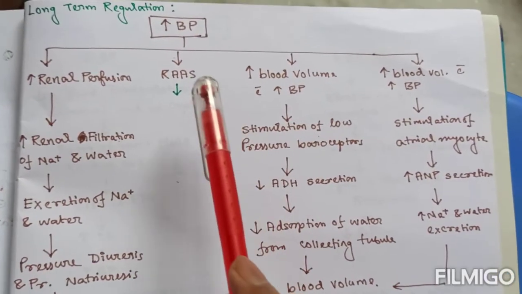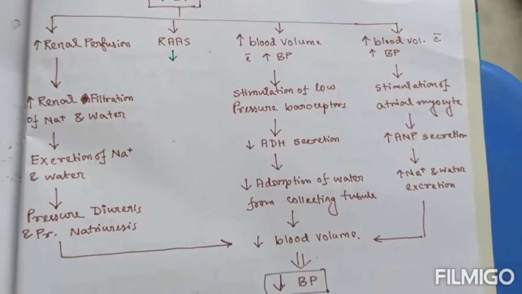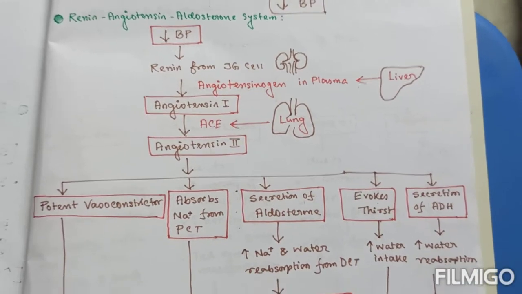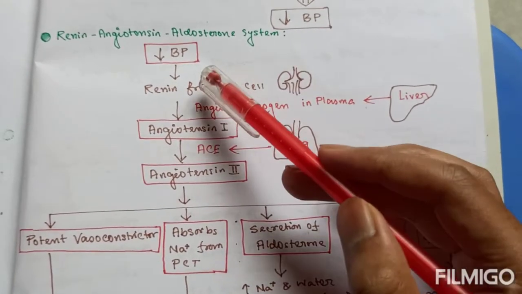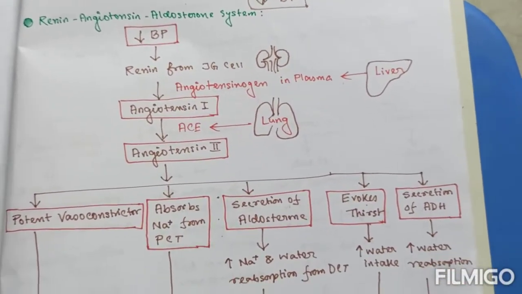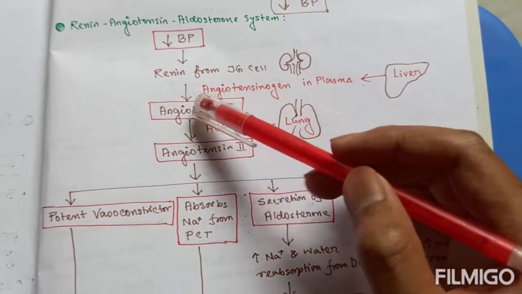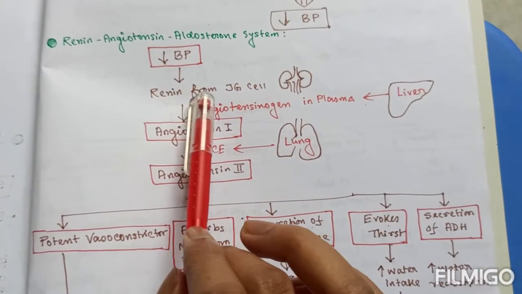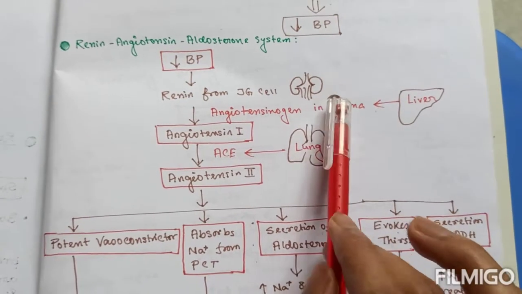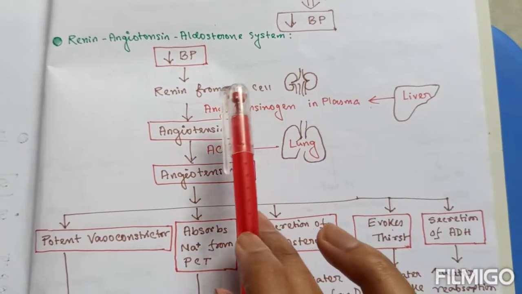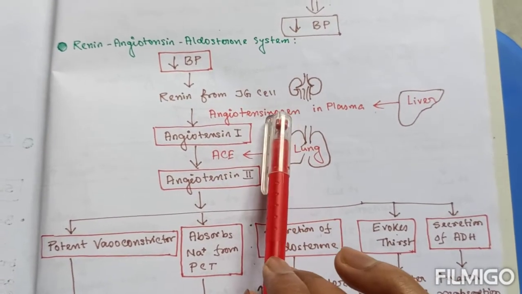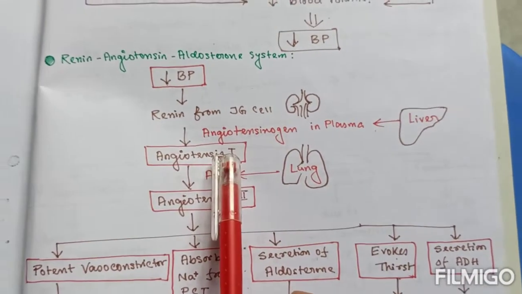And next is the RAS, which has been depicted in a separate diagram. That is when BP is either increased or decreased. Here I have discussed the decreased pattern. Decreased BP will cause secretion of renin from the JG cells of the kidney, and this renin will now convert angiotensinogen into angiotensin 1.